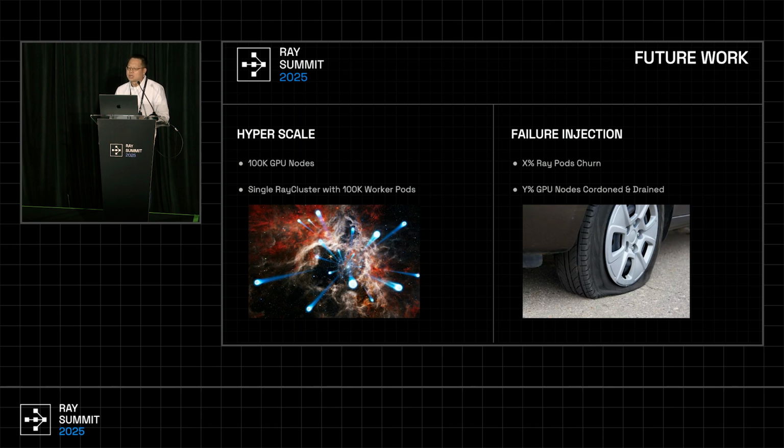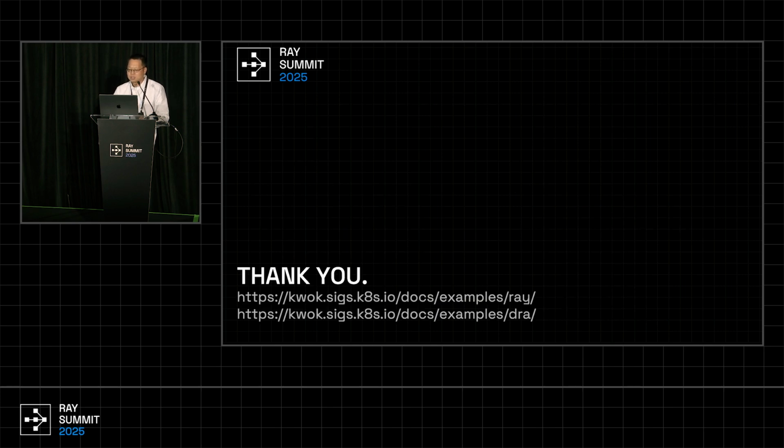For example, a node can be cordoned and drained as a GPU device burns out or an NVLink or InfiniBand link flaps, and this is going to cause a Ray pod to fail over and churn. Kwok is in a good position here to push for hyperscale and also inject failures to get closer to real-world use cases. So that's all for today, and thank you all for attending this talk.